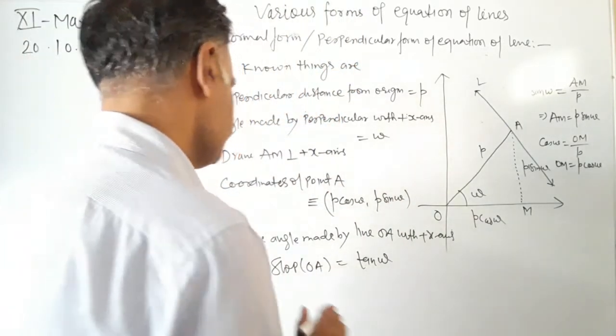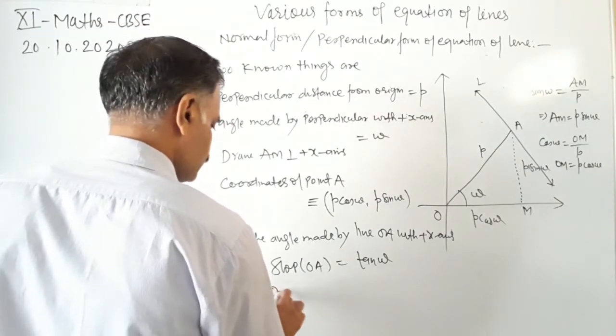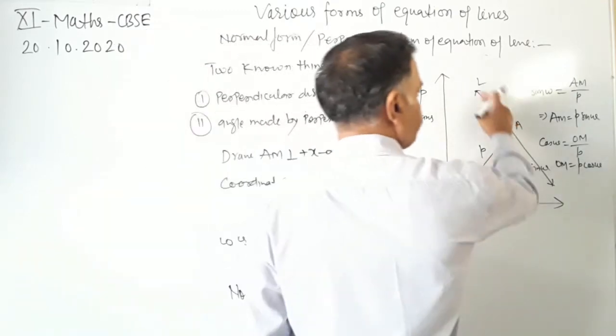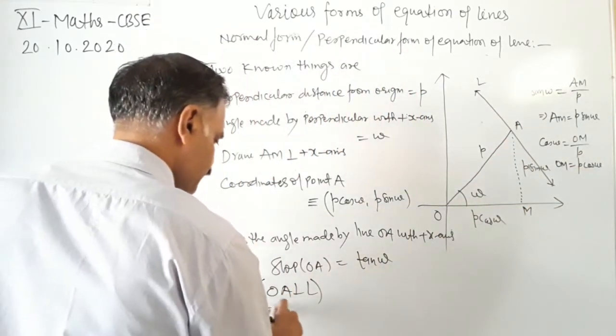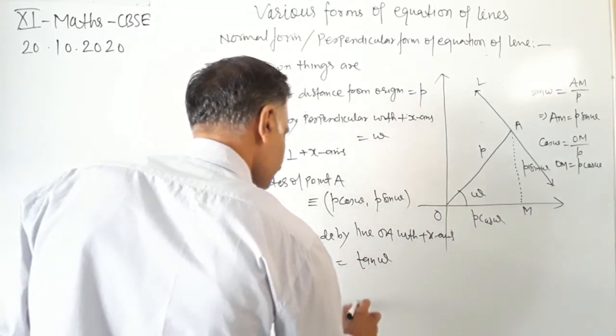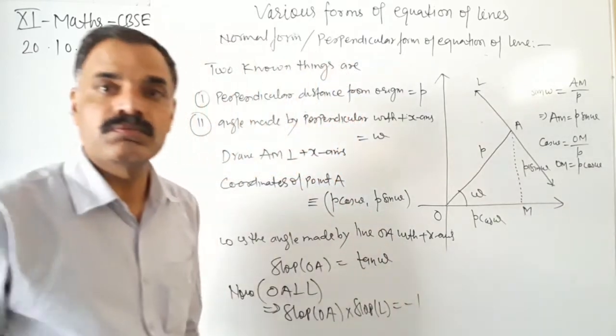Now we know that OA is perpendicular to the line L. That is why the slope of OA multiplied by the slope of the line L is equal to -1.